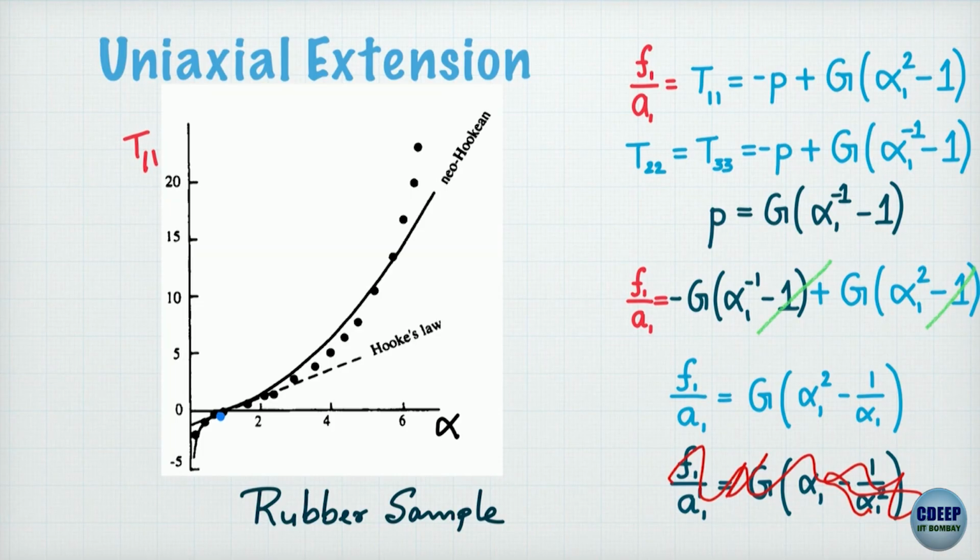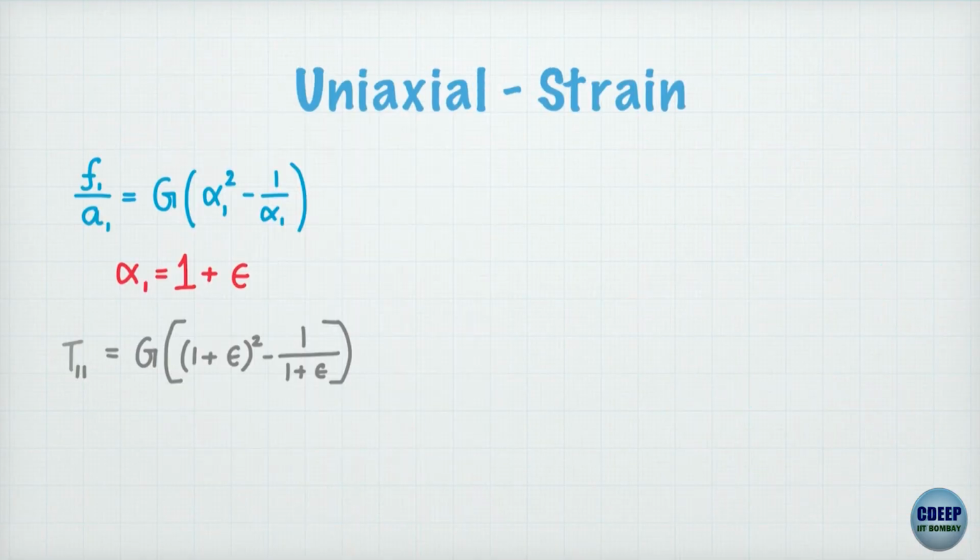Beyond that, maybe some non-linearities in the elastic behavior would be coming up. And so, while it does well for this rubber sample, in general for cross-linked materials, this would do quite well. Rubber being an example of a cross-linked material.